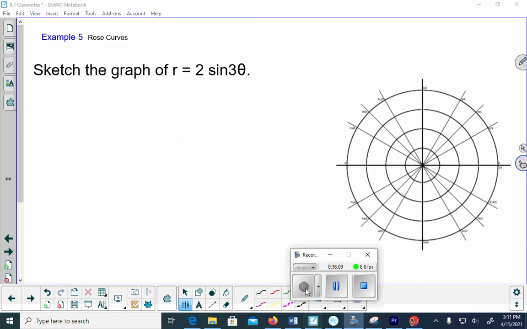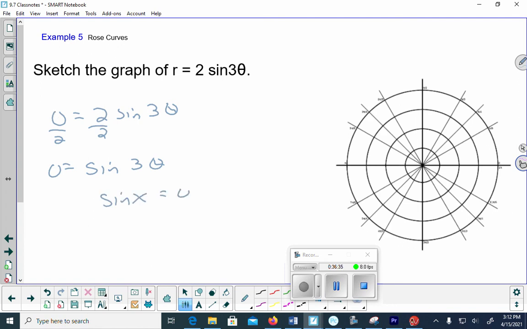Okay, so I'm going to start by finding my zeros. 0 is equal to 2 sine 3 theta. So divide both sides by 2. 0 is equal to sine 3 theta. So you're basically ignoring this 3 for a second, and you're asking yourself, when is the sine of x equal to 0? And that happens at 0, pi, 2 pi, every multiple of pi.